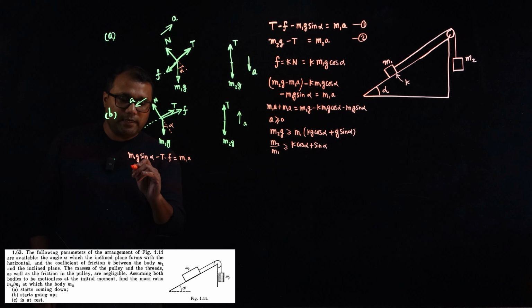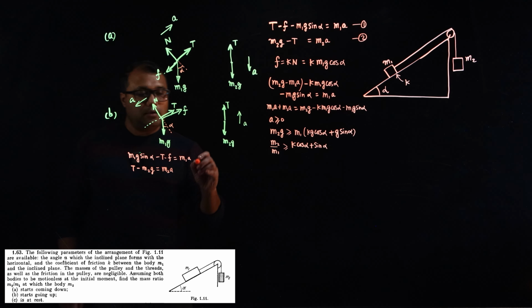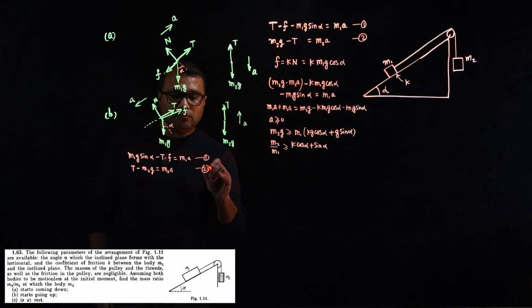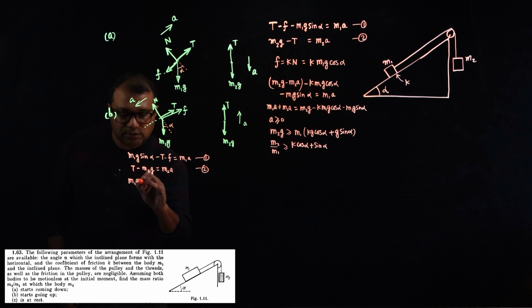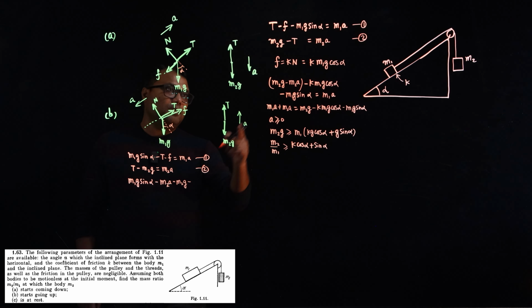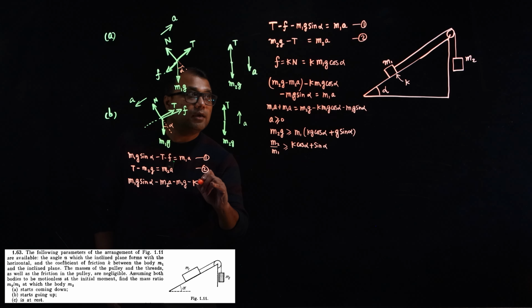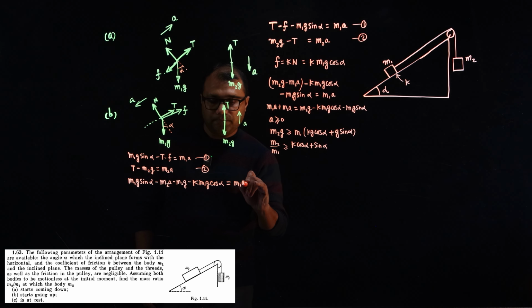And from here we can write T minus M2G is M2A. If I say this is equation 1, this is equation 2. From equation 2, if I substitute value of tension here, we get M1G sin alpha minus T, so minus M2A minus M2G minus friction, the magnitude of friction remains the same, K M1G cos alpha is equal to M1A.